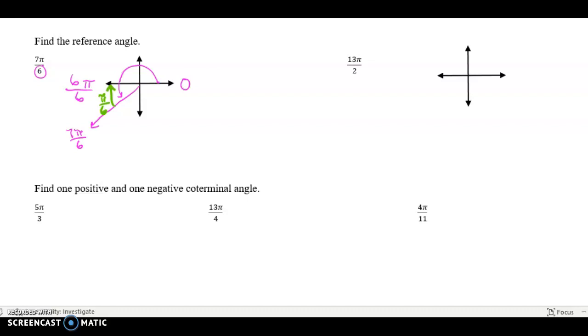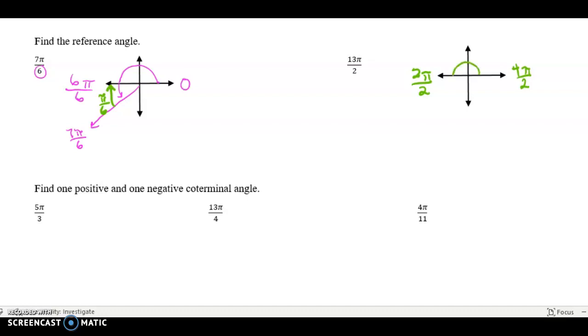Let's try 13 pi over 2. All right, this would be 2 pi over 2, which is pi. This would be 4 pi over 2, which is 2 pi.